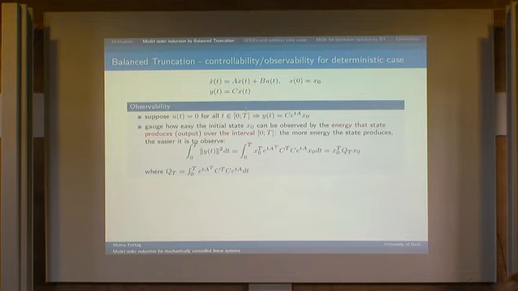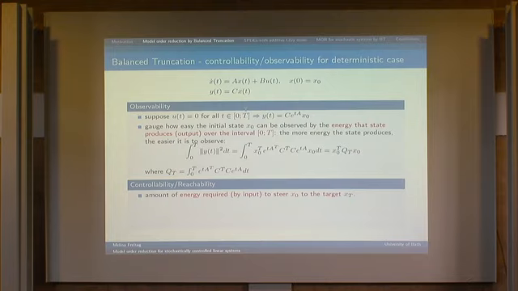Reachability I like to use more because it doesn't have the control in there. So what states can be reached? That is defined by the amount of energy that you need in the input to steer a certain initial condition to a certain target. So you have a target given, you have a certain initial condition given, and you want to compute the energy that is required to steer the input to the output.